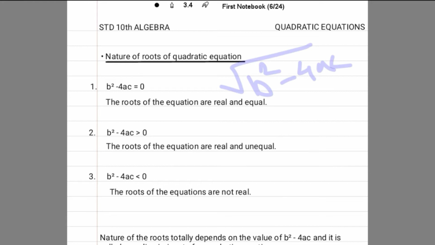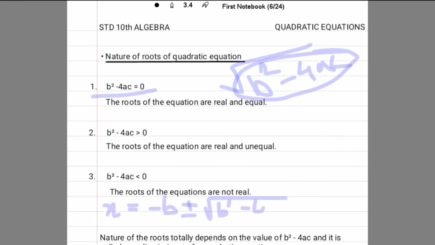So we will start with the first condition. We have 3 conditions in total, and the first condition is b square minus 4ac is equal to 0. Now what if b square minus 4ac is equal to 0? Our equation is x is equal to minus b plus minus root of b square minus 4ac upon 2a.